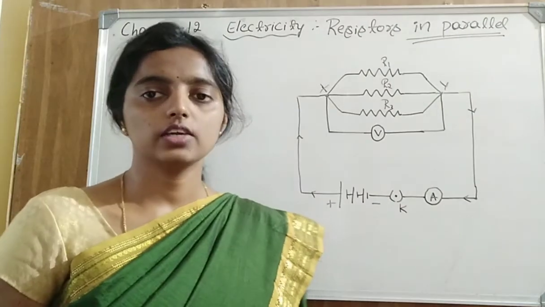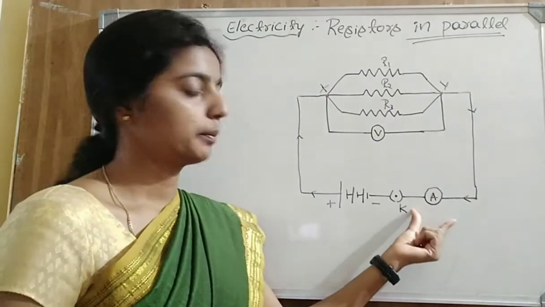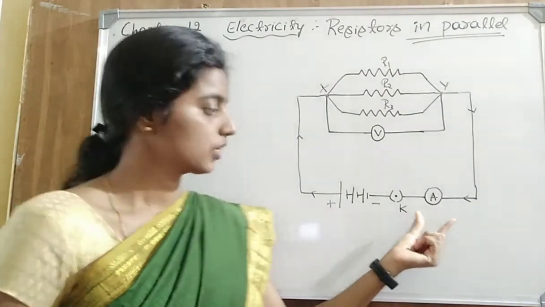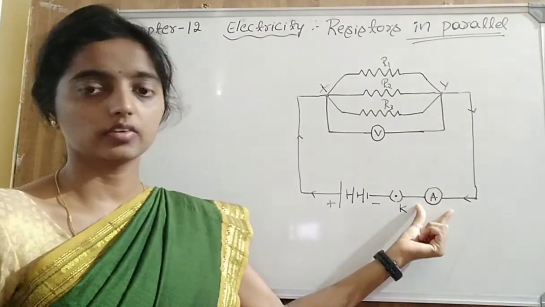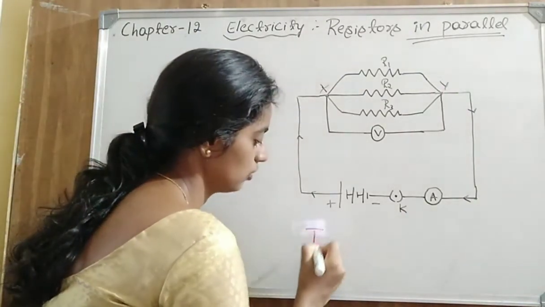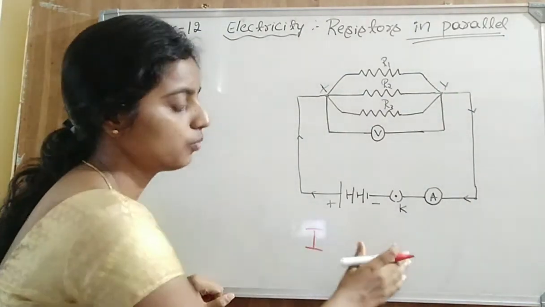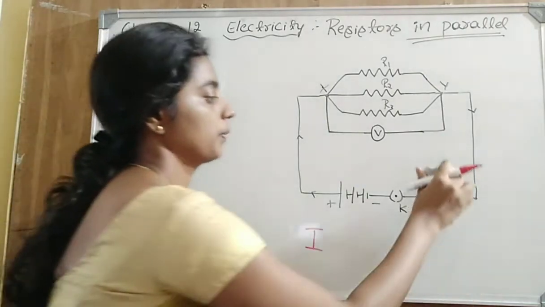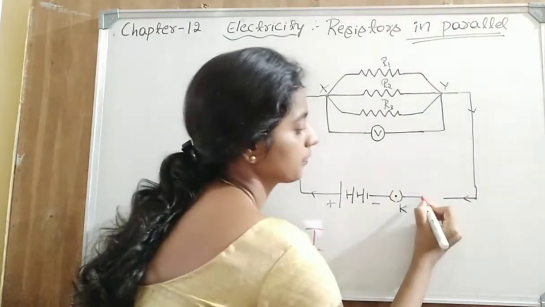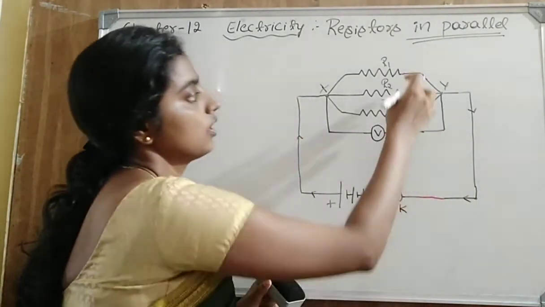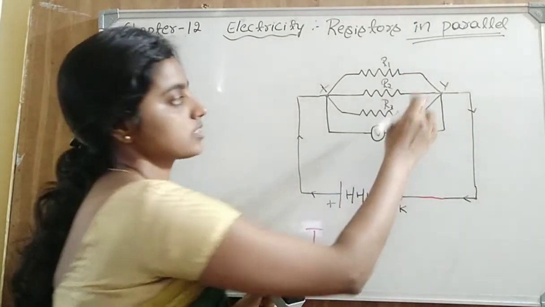Now we will see what happens to the ammeter reading, that is current. First we already took the ammeter reading, right? We got some value, let it be I. Now we need to change the place of the ammeter across each of the resistors.